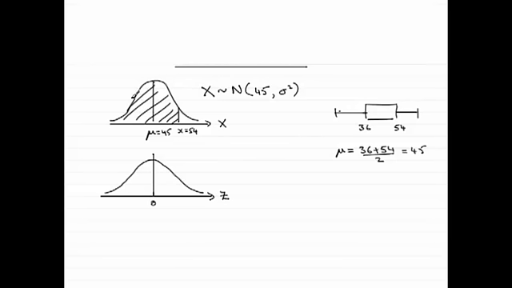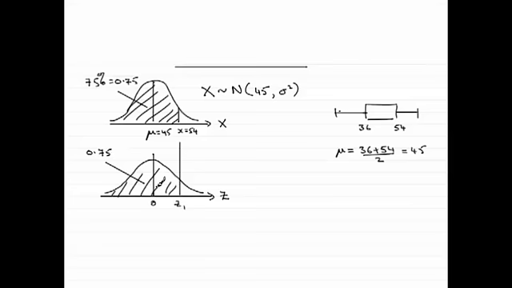So that means that this area to the left of this observed value 54 is 75%, or as a decimal 0.75. So if I take this observed value, map it down onto the standardized graph, the area to the left of this Z value here, which I'll call Z1, is also going to be 0.75.